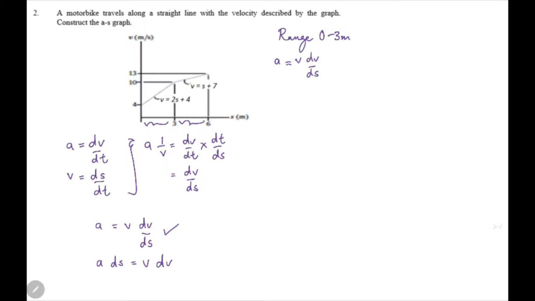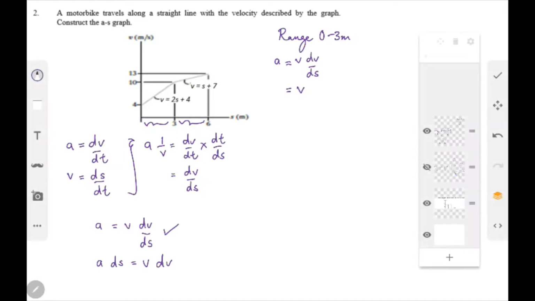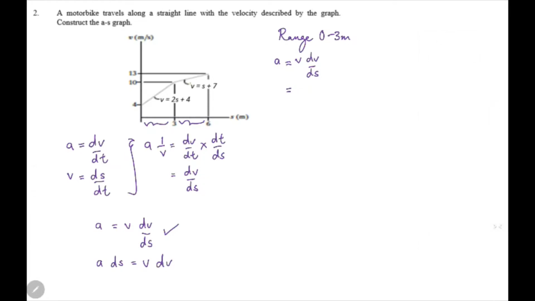I can substitute v as the function for the first range of 0 to 3, which is 2s plus 4. Same goes with the differential: I will differentiate this 2s plus 4 with reference to s. So what remains is 2s plus 4 times 2.